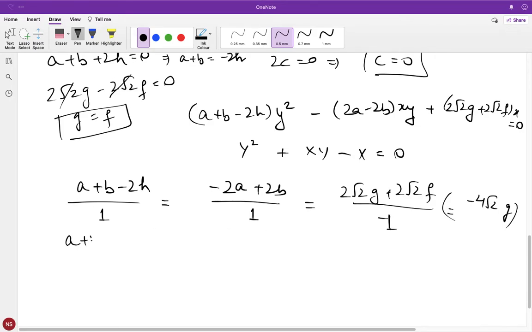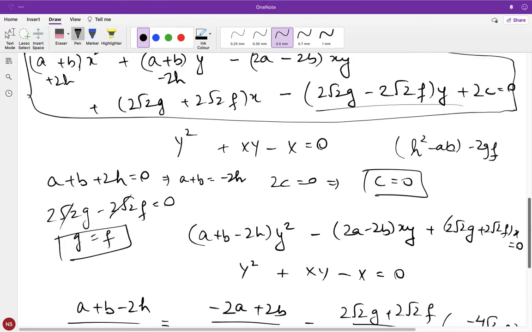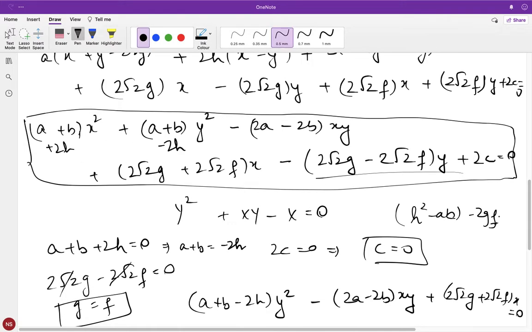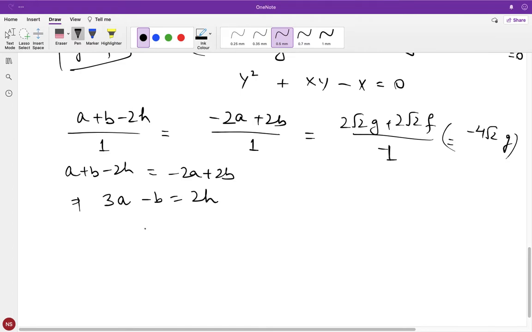a plus b minus 2h is equal to minus 2a plus 2b. This implies that 3a minus b is 2h, and also we know that since x square's coefficient was 0, a plus b plus 2h is equal to 0, or a plus b is equal to minus 2h, and 3a minus b is equal to 2h.